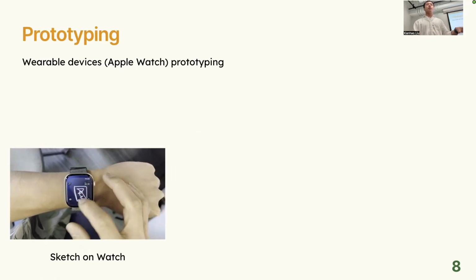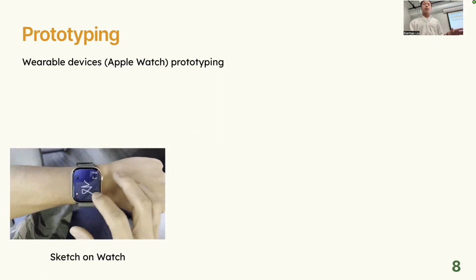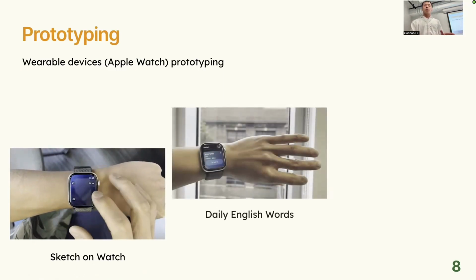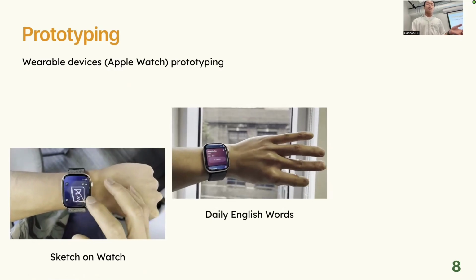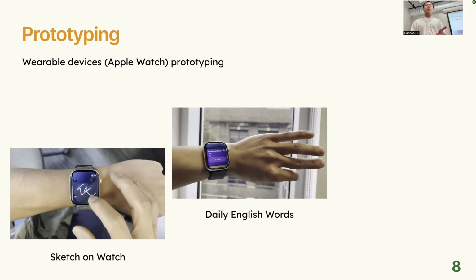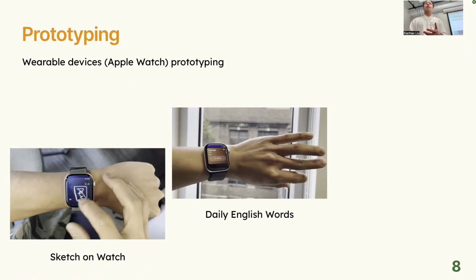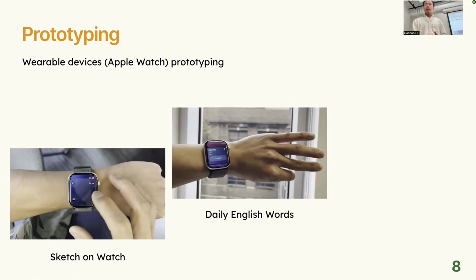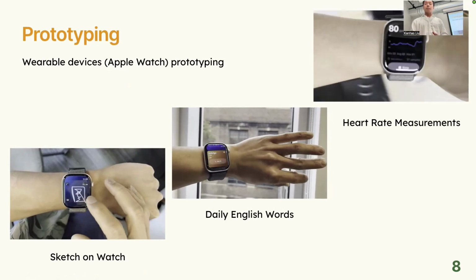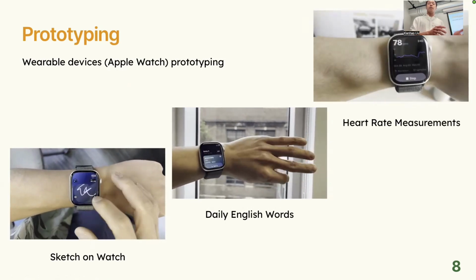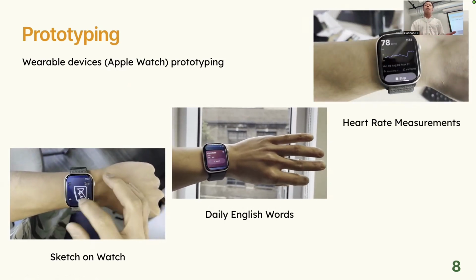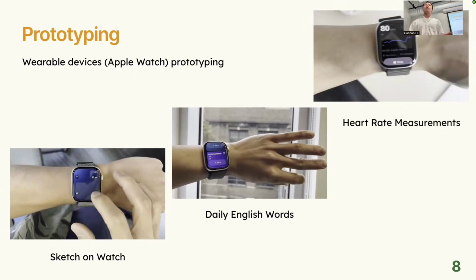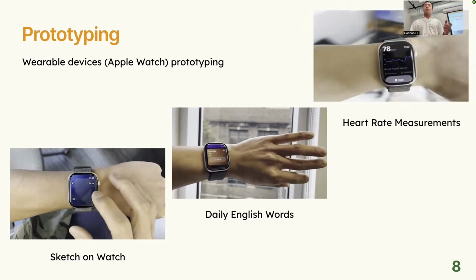I'm not going to jump into too much detail today for all the demos, but show what you can do. And second, I use Codex to develop a daily English words app, which can help you review all the words you take down. And last thing is another smartwatch app which can estimate your heart rate from your arm.